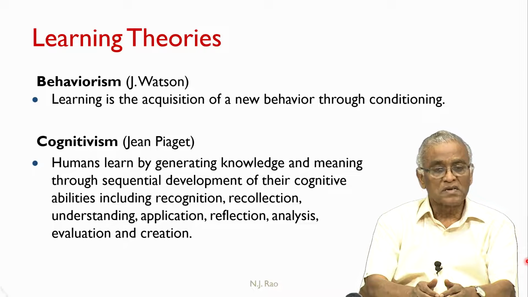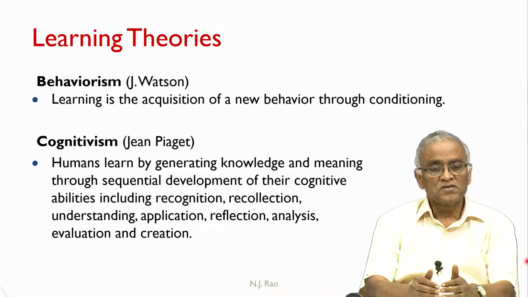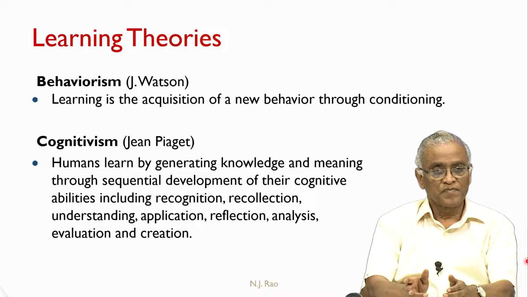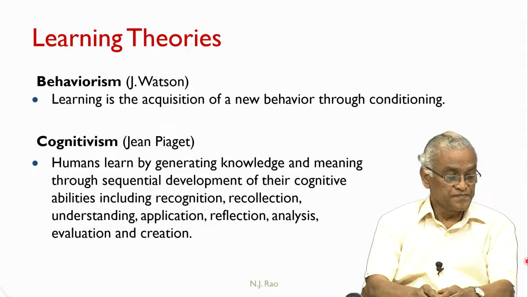A teacher should realize that though he is saying the same thing to the entire class, different learners will generate their knowledge and meaning differently. This needs to be recognized by the teacher.